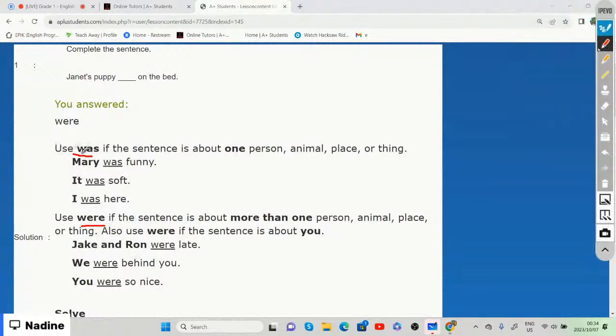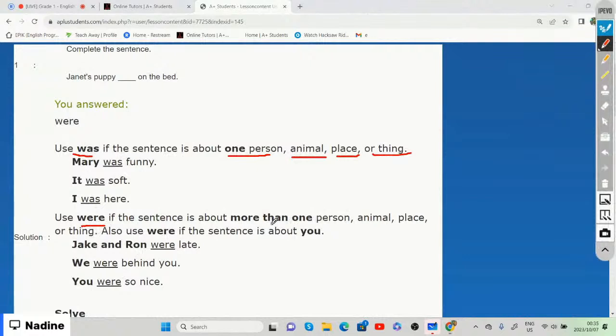So we use was if the sentence is about one person, one animal, one place, or one thing, right? That is when we use was to refer to it in the past, right? So we use was if the sentence is about one person or one animal or one place or one thing.